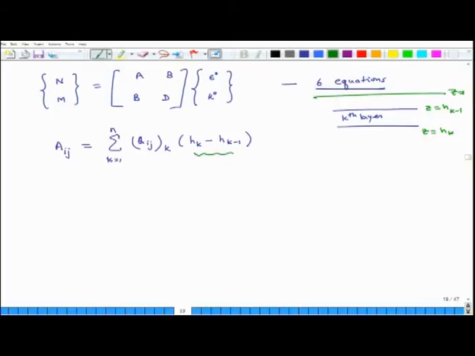So, this difference is nothing but the thickness of kth layer, and thickness of kth layer is always a positive number. So, I can also write this as the sum from 1 to n of Qij bar for the kth layer times tk, where tk is the thickness of kth layer.